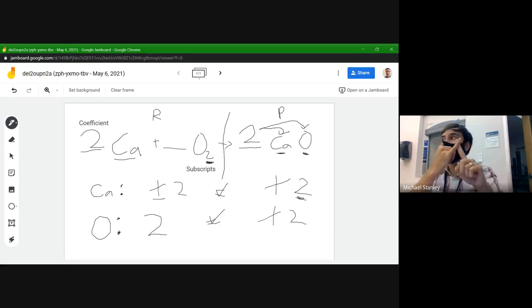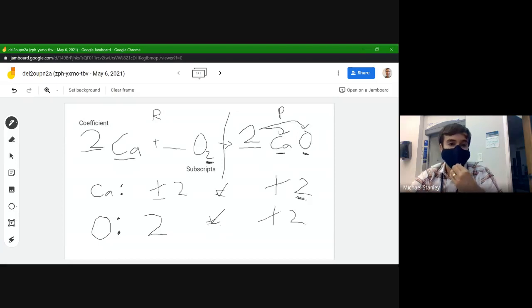So we figured out, to start off with, how many of each atom are on the reactant side and product side. We noticed that the O's were unbalanced, so we changed this coefficient to a 2 in order to balance the O's. We did that, but in the process, we made it so that there were 2 Ca's on the product side.